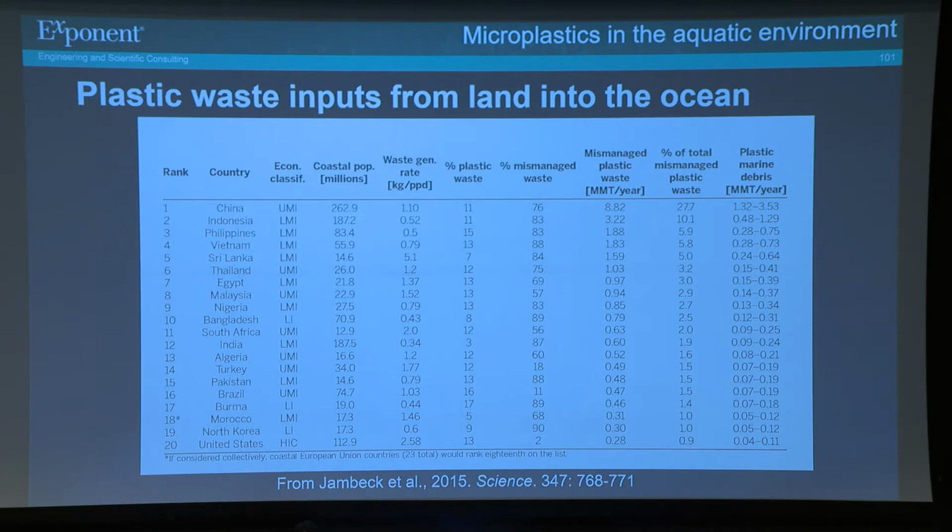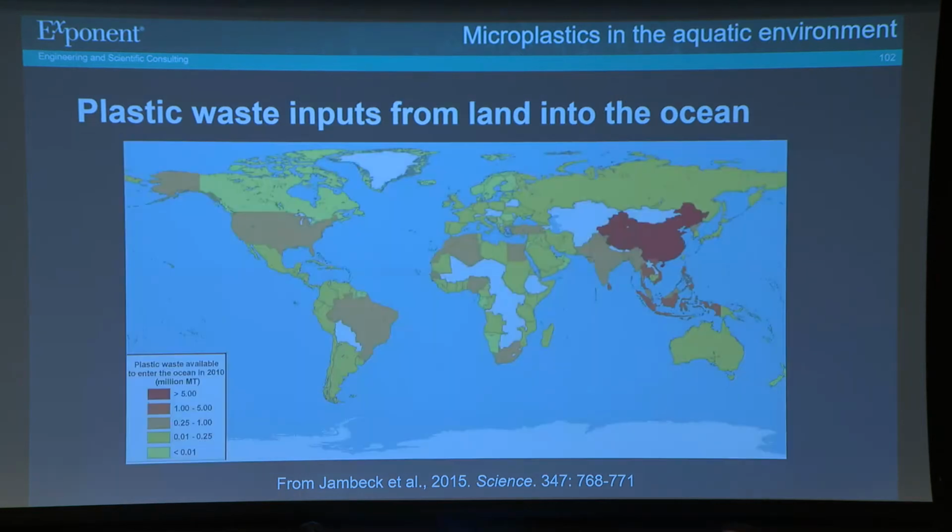Then they calculated the mass of mismanaged waste per year, and this is for the year 2010, and then the percent of the total mismanaged waste that was plastic, and then an estimate of the potential plastic marine debris. So these are the top 20 countries, bounded by China and the United States, and then just a graphic of what that looks like in terms of the distribution.